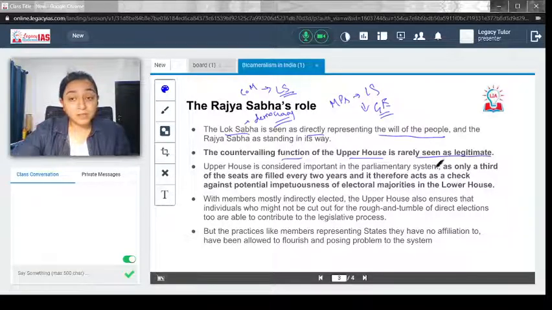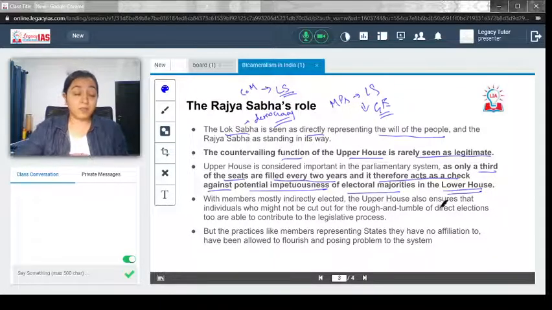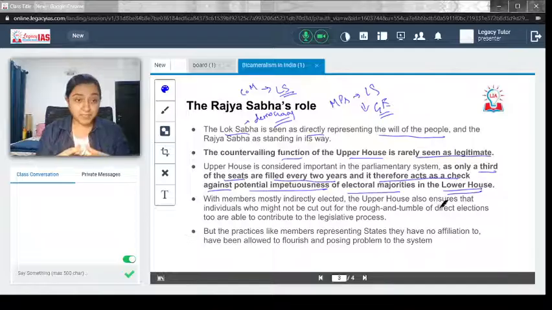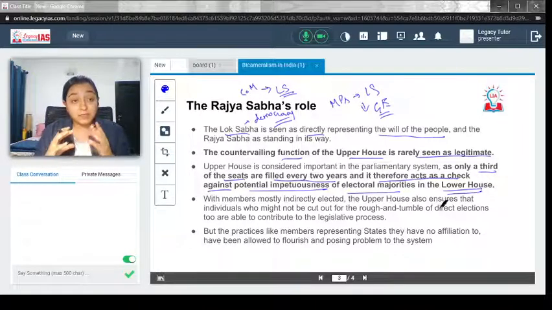in a parliamentary system as a third of the seats are filled every 2 years, and it therefore acts as a check against the potential impetuousness of the electoral majority in the lower house. In fact, that is the major reason. It acts as a body that creates some kind of checks and balances if there is a majoritarian government in the Lok Sabha.